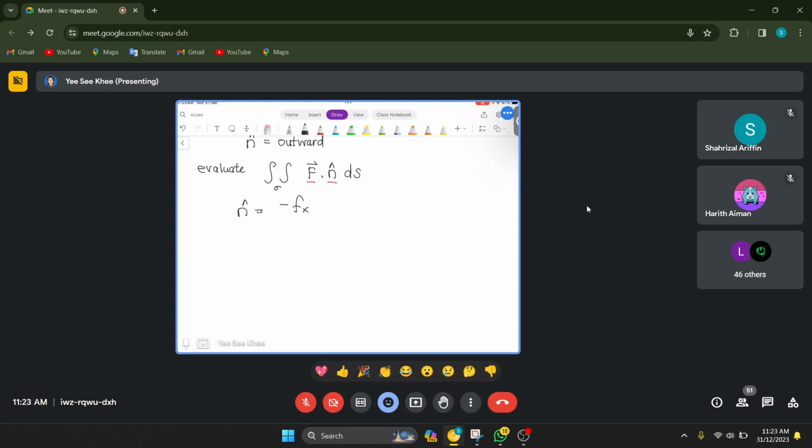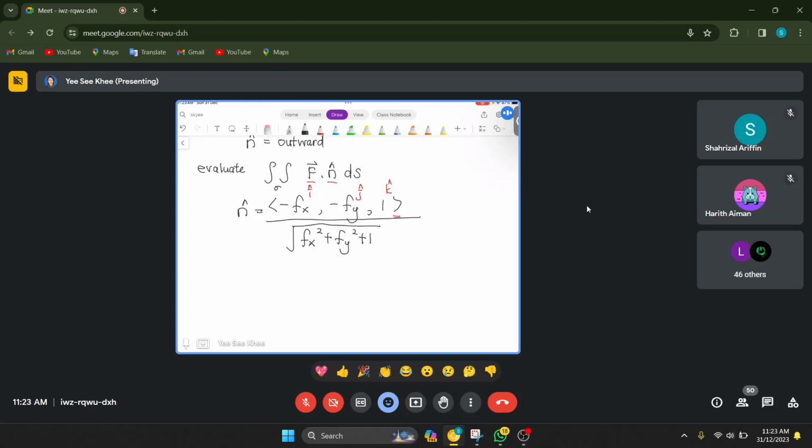This is the i component, this is the j component, and this is the k component, and this symbol represents a vector. It is divided by the square root of fx squared plus fy squared plus 1.